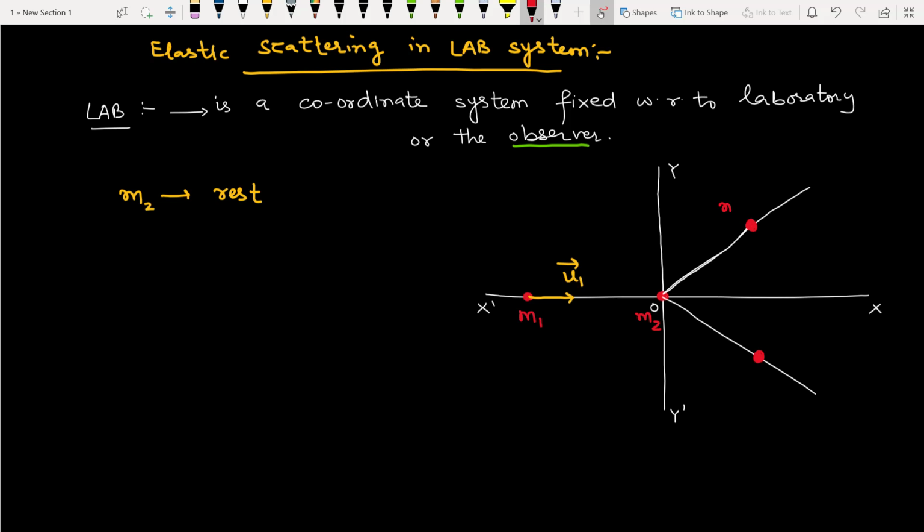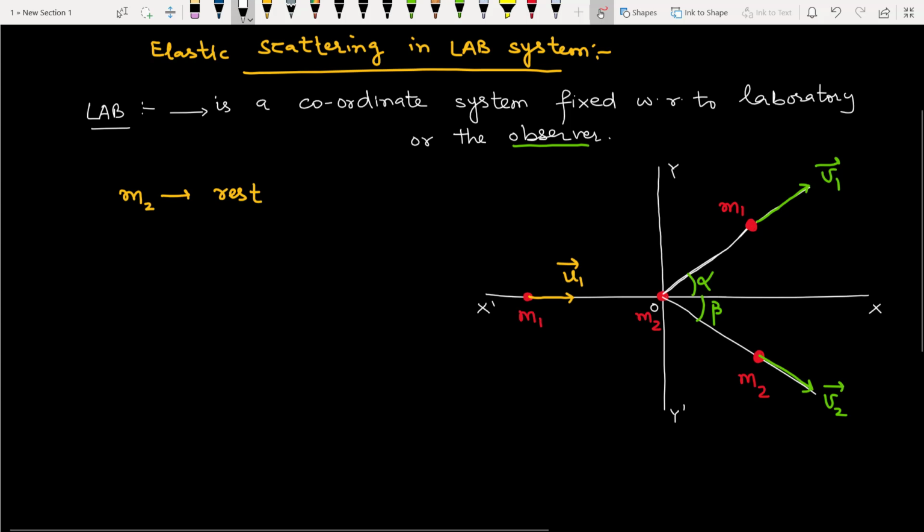Say this is m1 particle, this is m2 particle, and their velocities after collision are v1 and v2 respectively, and alpha and beta are the angles at which the m1 and m2 particles move with respect to the positive x-axis. So now we have to solve this problem.